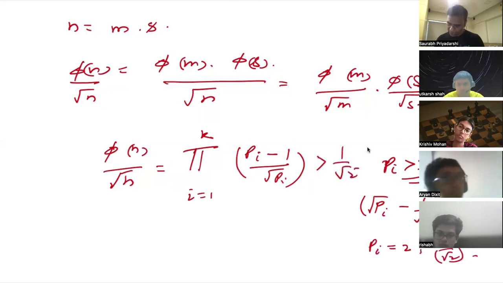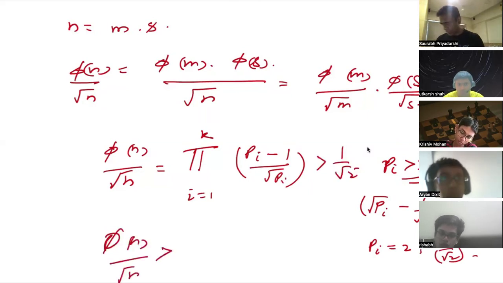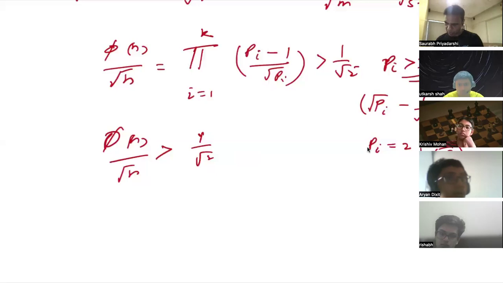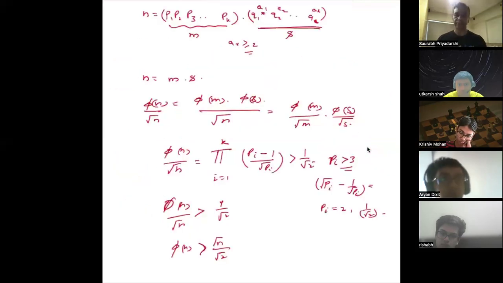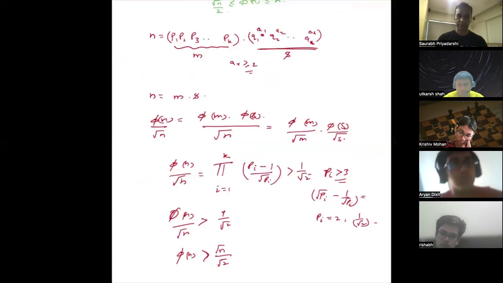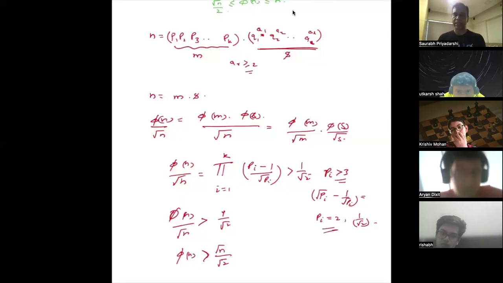So phi n upon root n must be greater than 1 by root 2, or phi n is greater than under root n by 2. I have taken pi equal to 2, but all the primes are different.